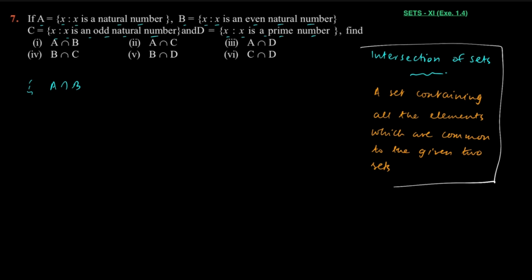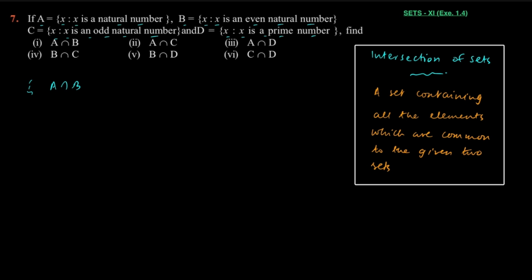We have gone through this very concept in the previous videos. Take for example, we have set A containing elements as 1, 2 and 3. We have set B having elements as 2, 3 and 4. So what will be A intersection B in this case? So the common elements are 2 and 3. So therefore A intersection B will be a set having elements as 2 and 3. Now let's solve part number first.